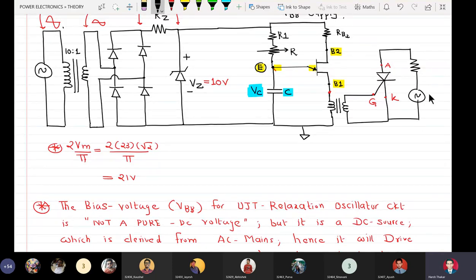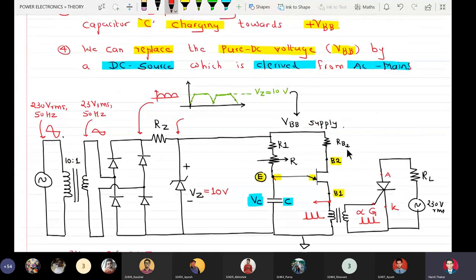Okay, so this can be 230 volt RMS, the load resistor RL, and here firing pulses are generated. Here the same pulses will be transmitted. So this will be alpha. Okay, I hope that things are clear here.